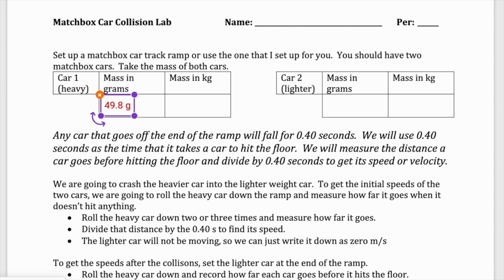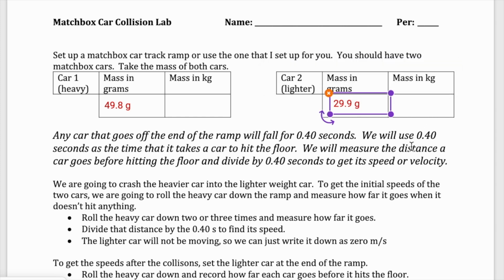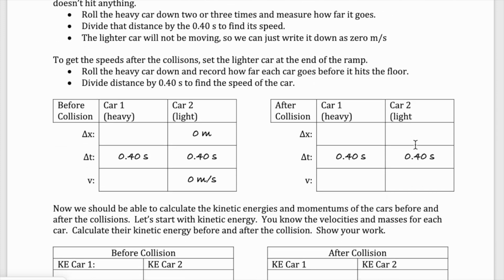So you're going to need to remember that to convert from grams to kilograms, you have to divide by 1,000. Now, the mass of the lighter car, as I recall, was 29.9 grams. And again, you're going to have to divide by 1,000 and get your kilograms.